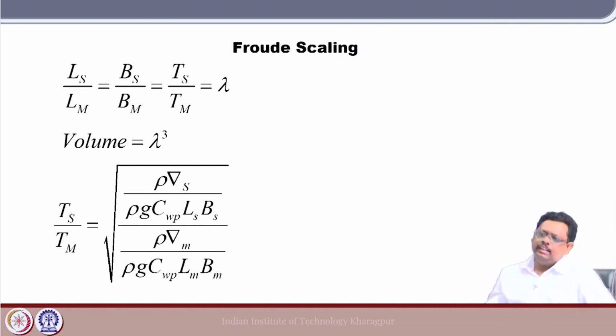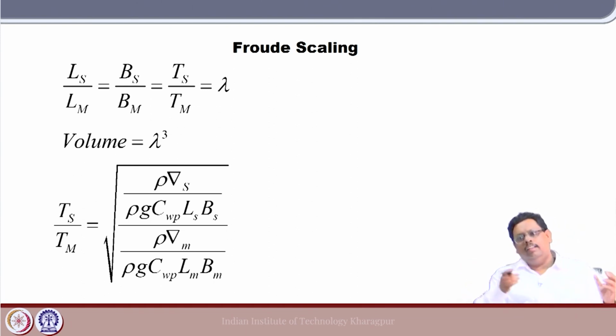When you do the design, a designer can assume that this would be the water plane area coefficient, and with the help of that we can get the area using this formula, rho g CWP, equal to, I mean CW multiplied by the length into breadth, right. So, from here you can see that very quickly we can get the water plane area if you know the coefficient of the water plane area.